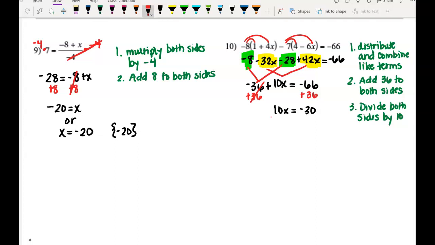Because I want to get that away from the x. I want the x to be the last thing standing. So I would have x equals negative 3. Or again, you might just see the negative 3 in the brackets as to show that that's the solution.